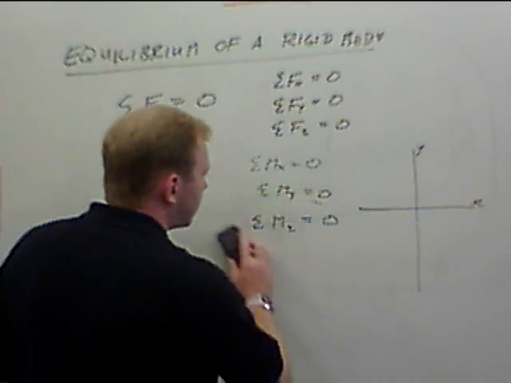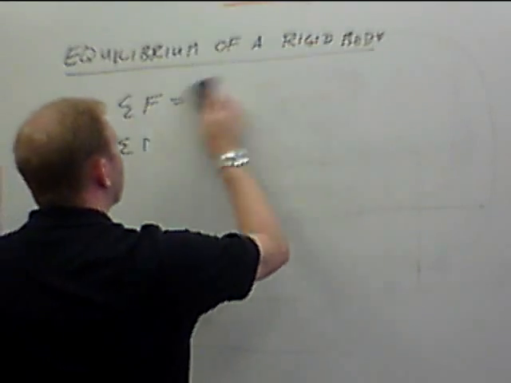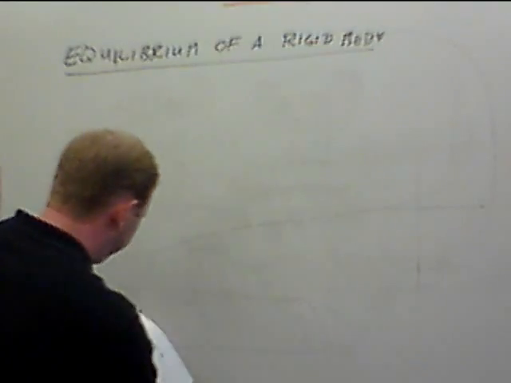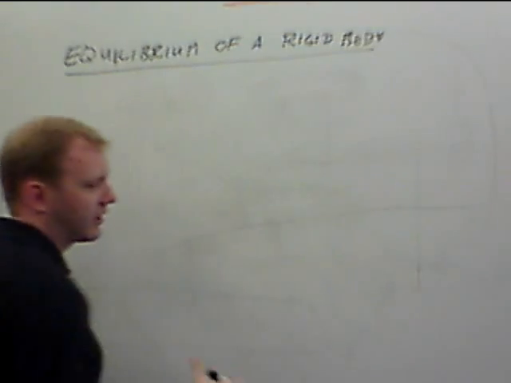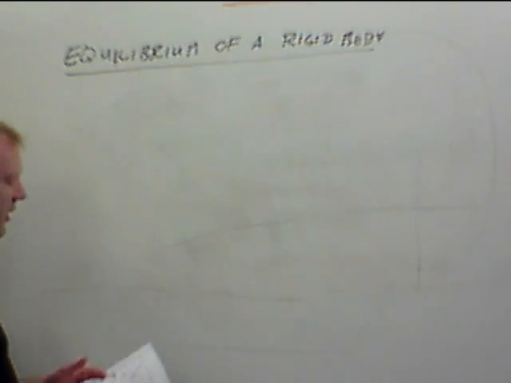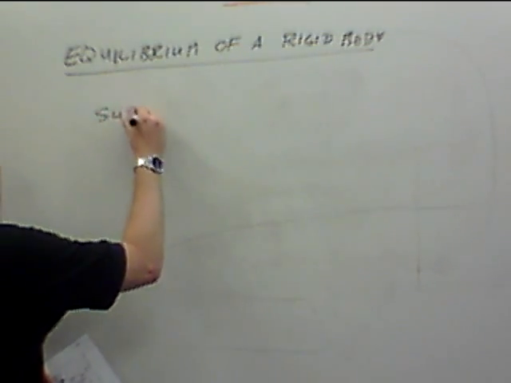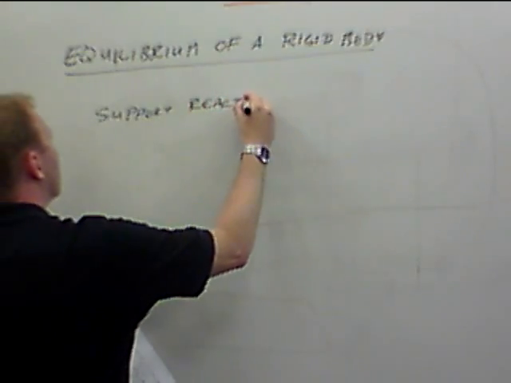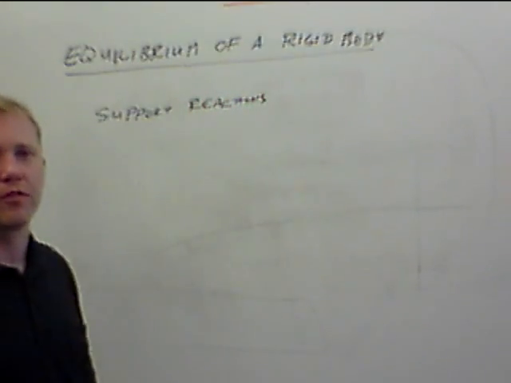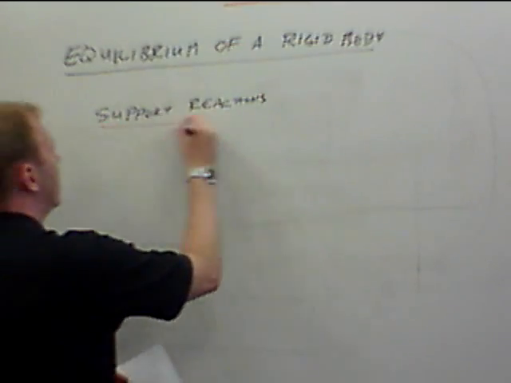But before we get into actual examples here, we need to talk a little bit about support reactions. When we have a rigid body that's being supported, there's a number of different things we can do here. These are the different structures or supports we can use to support our object.